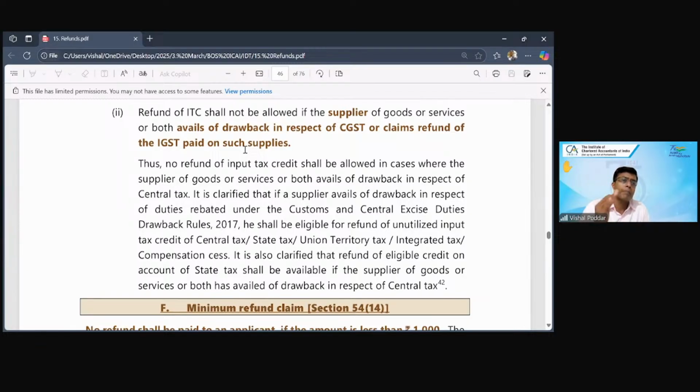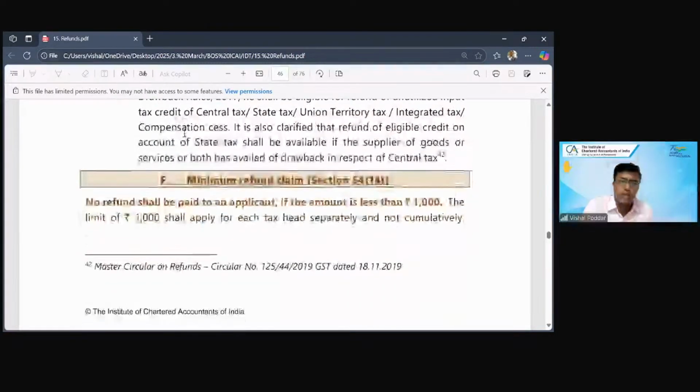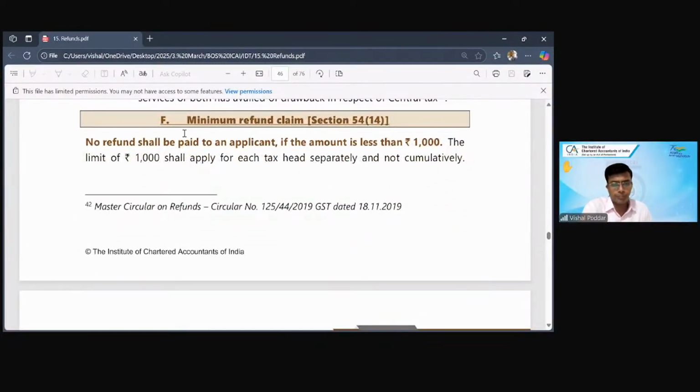So they have said that we will not give you refund if you are claiming drawback of the same amount, or where you are exporting under the payment of IGST option. Where you are exporting with the IGST payment option, there can be no refund of unutilized input ITC.